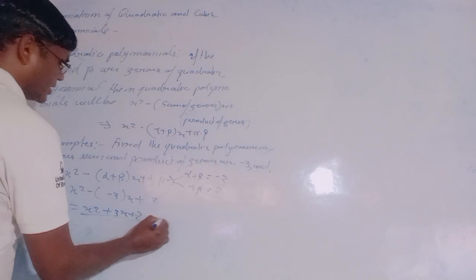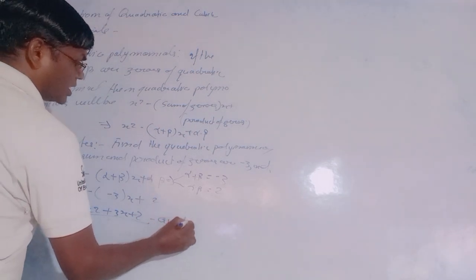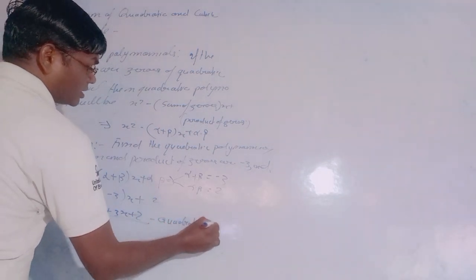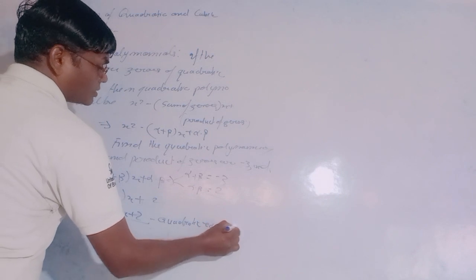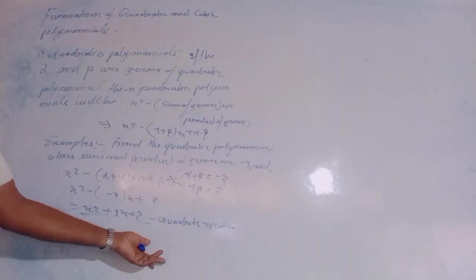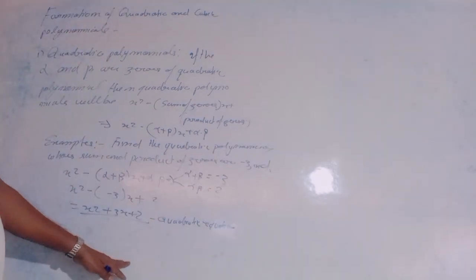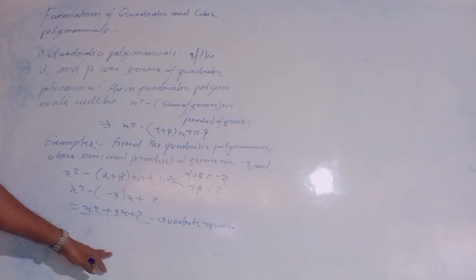This is the quadratic polynomial. That is how we find the quadratic polynomial when the question is given.